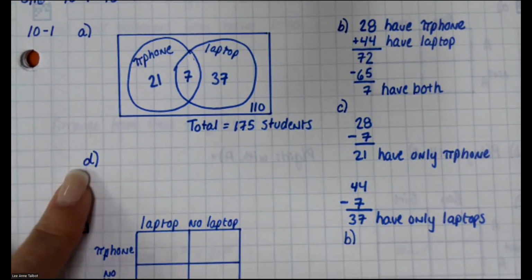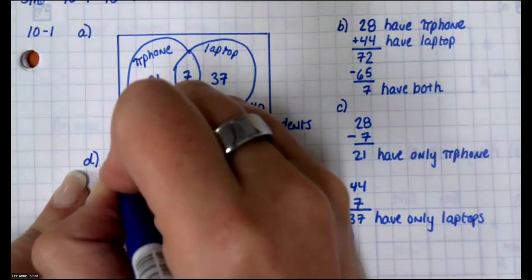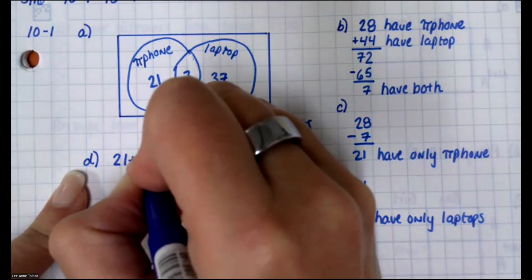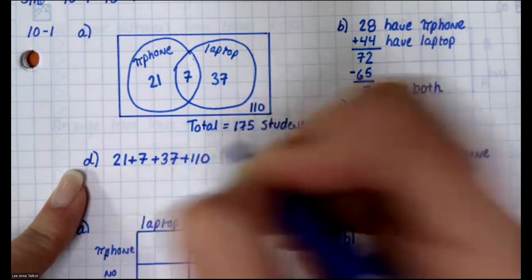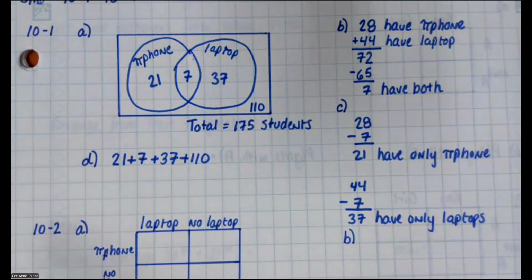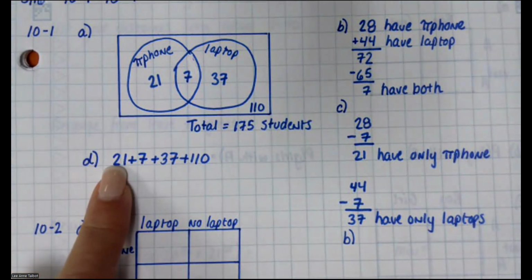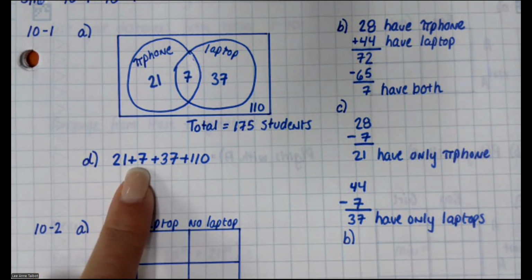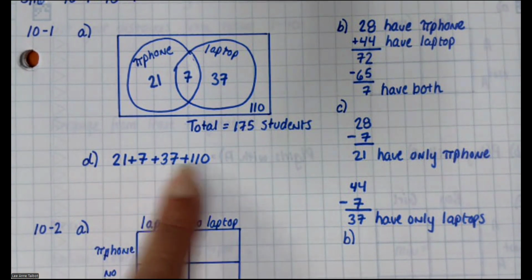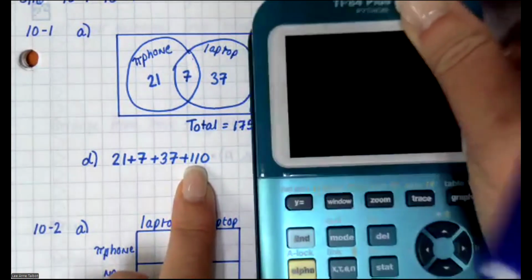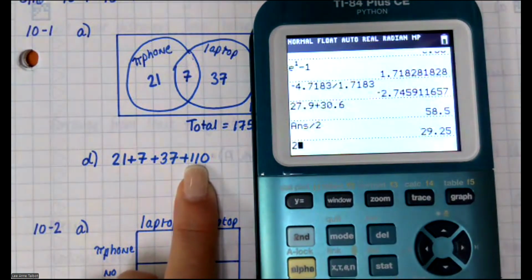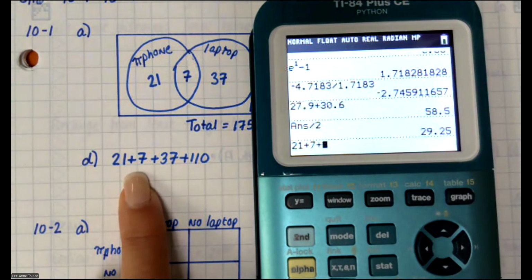Okay, so now we're going to check our work. We're going to see if it actually adds up. 21 plus 7 plus 37 plus 110. So that's the kids with only a Pi phone. That's the kids, the super lucky kids that have both. These are the ones with only a laptop. And this is the poor, poor, sweet kids that have nothing, which would have been me.